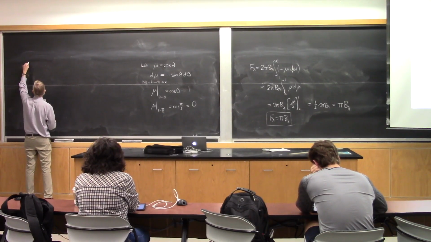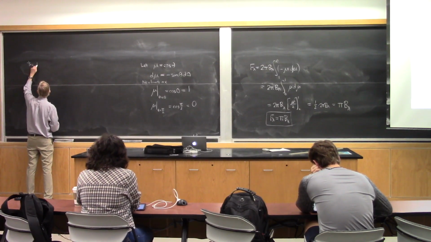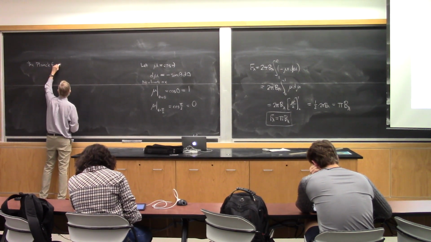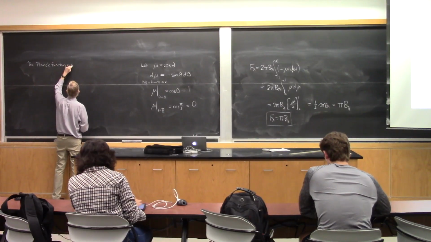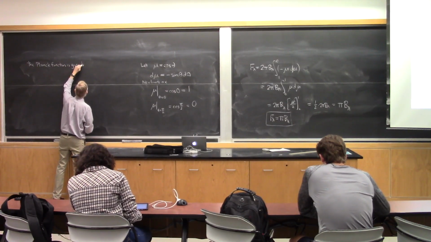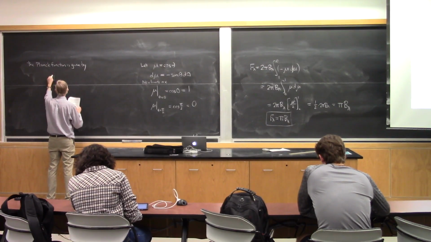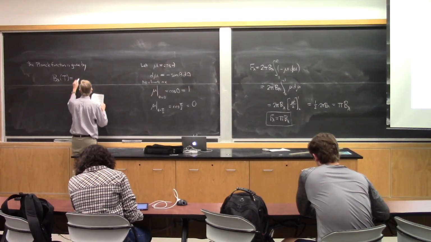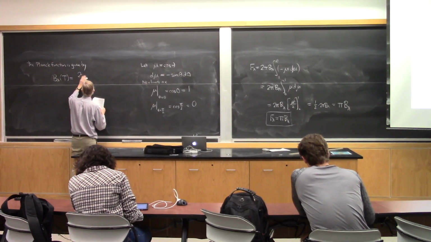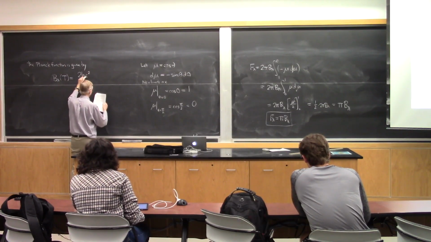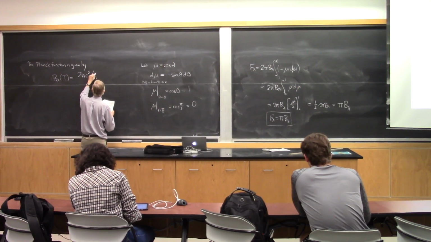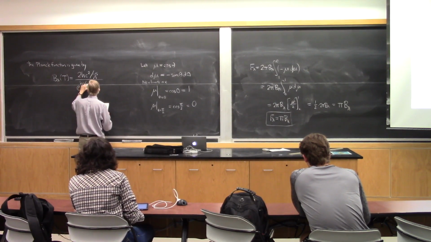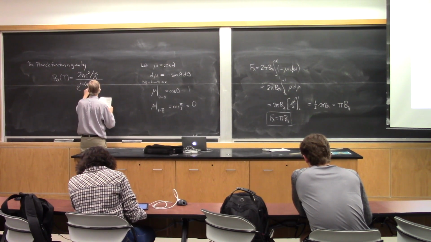The actual functional form of the Planck function is given by, here's what it actually looks like. B lambda of T is equal to 2hc squared over lambda to the 5th power over e to the hc over lambda kT minus 1.